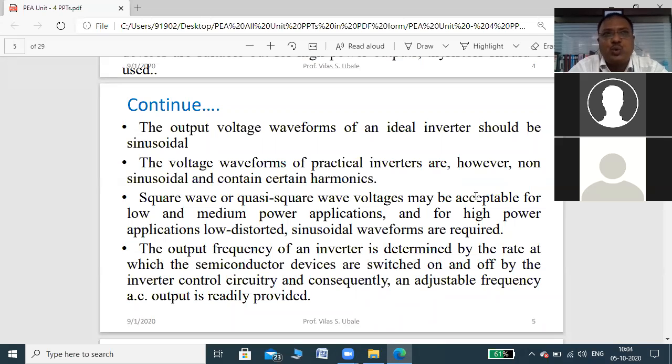To achieve different frequencies, your control circuit must be capable of turning on and off the switches used in the inverter circuit at high speed. As the speed of the switching devices increases, the frequency also increases. If the speed of the switching devices decreases, then the frequency also decreases.